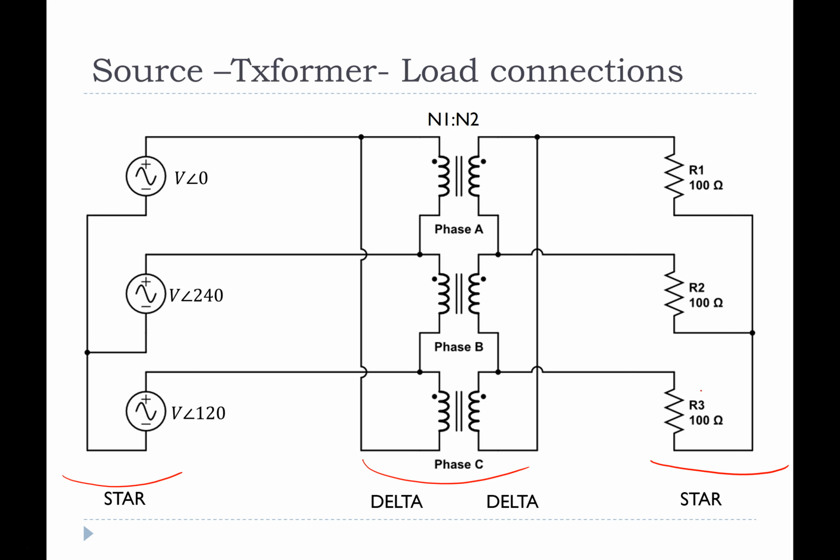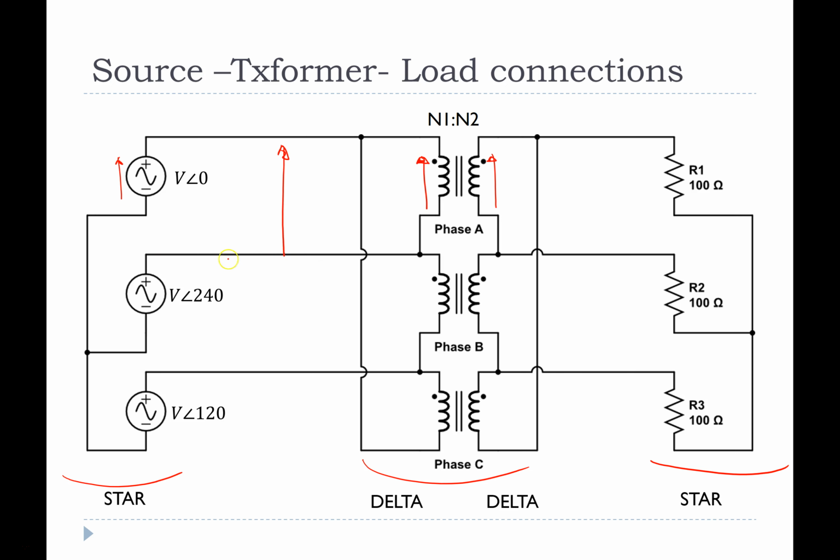So now if we want to track how the voltages change across here, this is the important thing. What the transformer transforms is the voltage which is directly across the terminals of the transformer. So in this case, I have a star configuration where the voltage is V. But what comes to the transformer is not the voltage V, but the voltage from line to line.